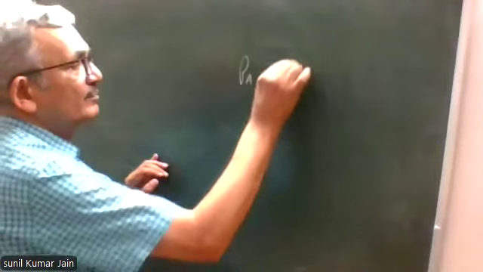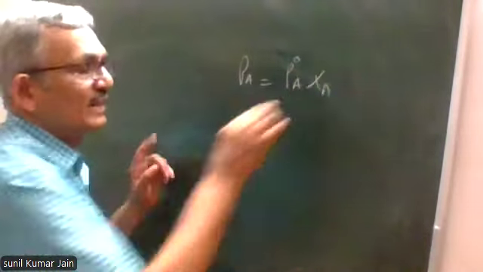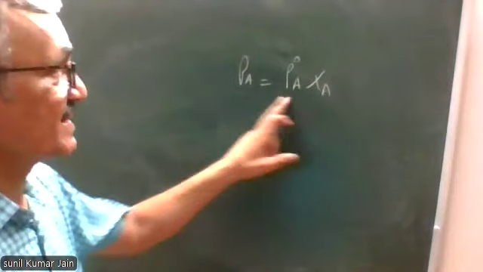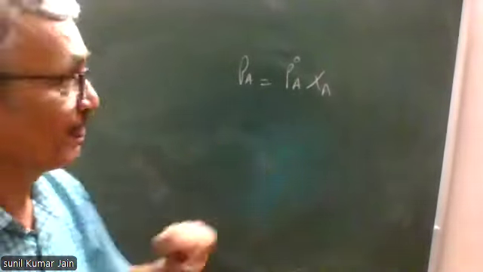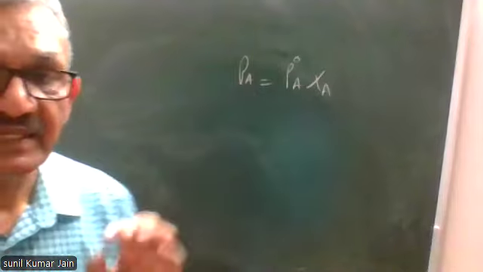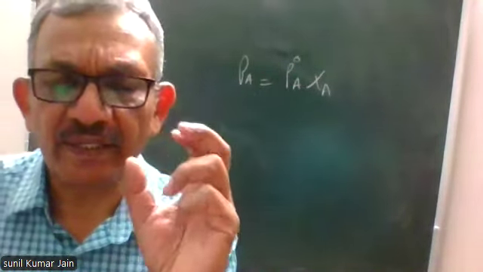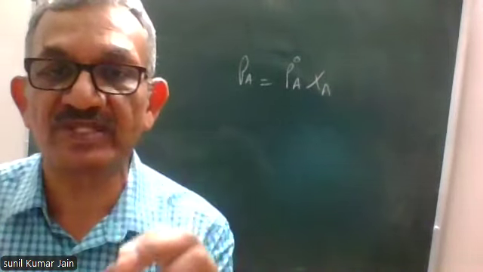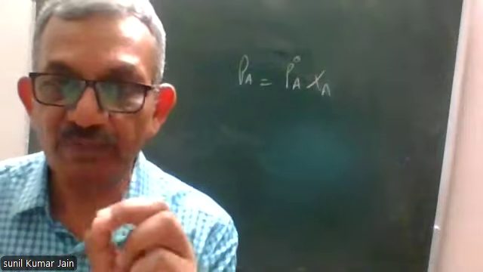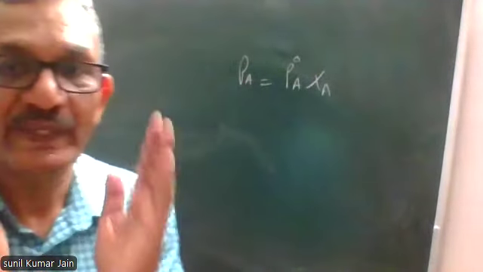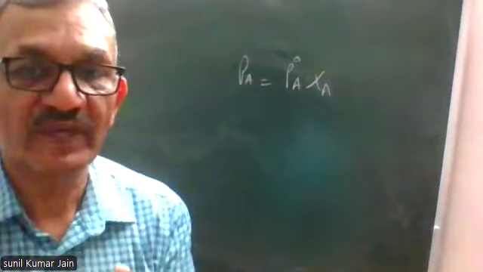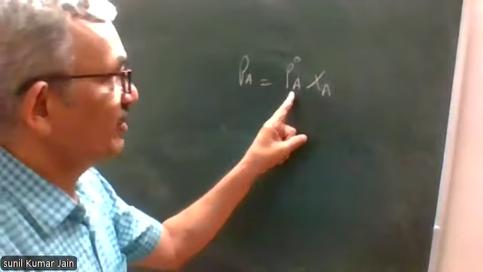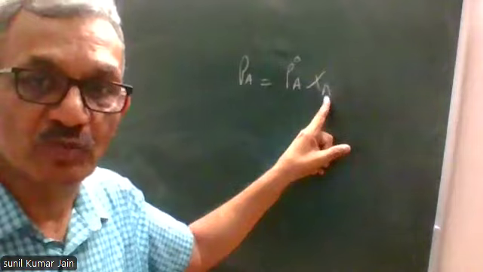Look here. You know about this expression, Pa is equal to P naught chi A, Raoult's law. Pa is the partial vapor pressure of A, which we are expecting on the basis of Raoult's law. It means on the basis of Raoult's law, we expect that partial vapor pressure of A should be P naught A multiplied by its mole fraction.